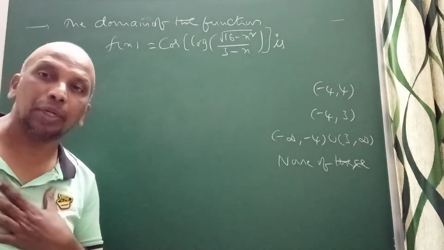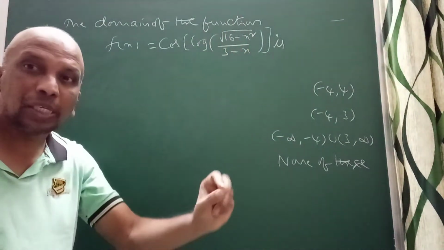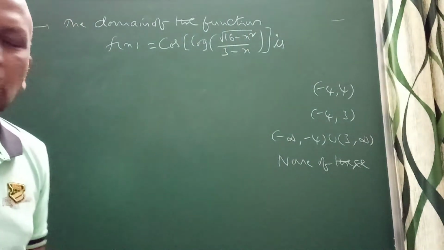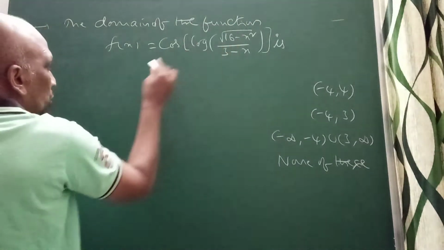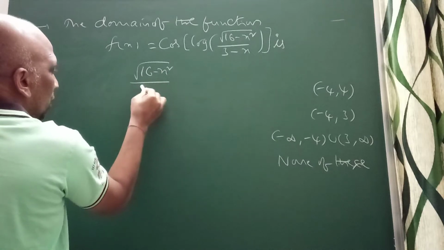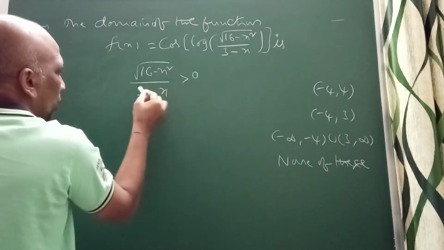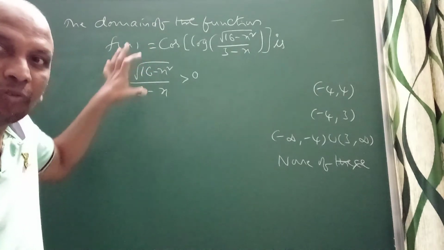But clearly we know that logarithm of any function is defined only for positive numbers. So definitely this value should be positive. So I can consider root of (16 minus x square) by (3 minus x) should be positive, right? And this is a positive square root, so this is a fraction.